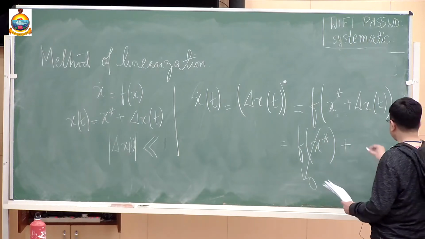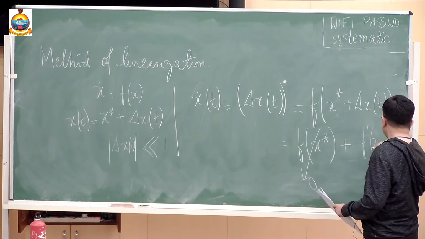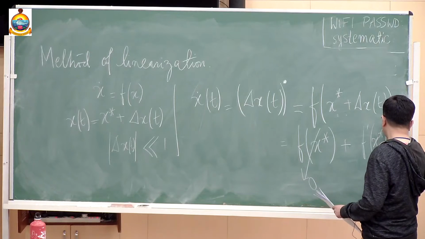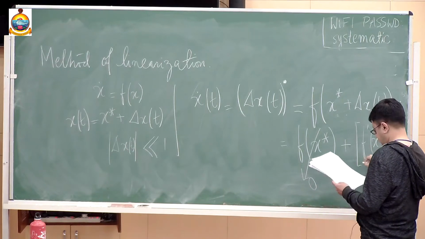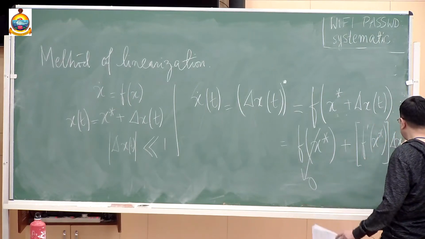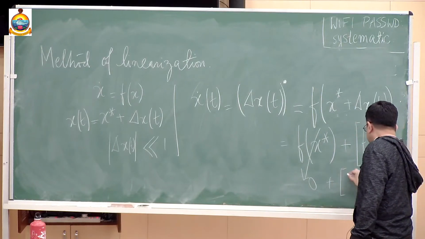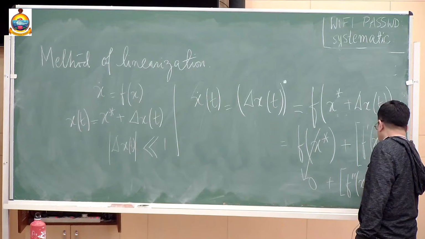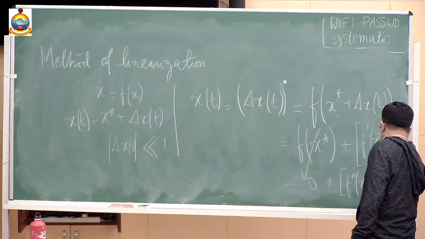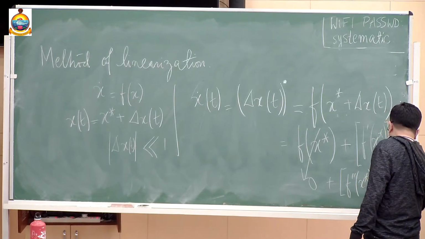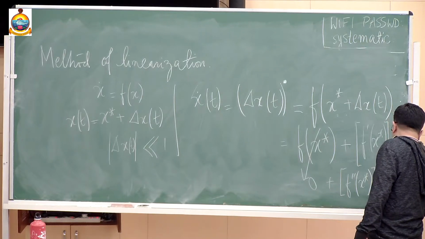And the second term will be f prime of x star delta x plus higher order terms. I don't have to write it, but let me write it at least once, and so on.